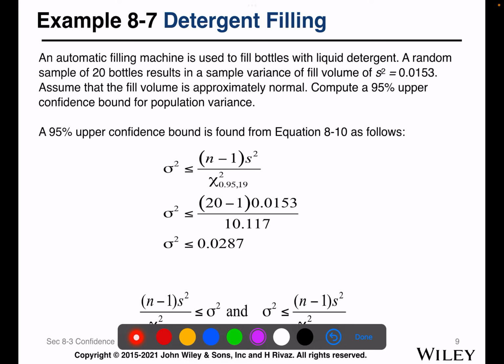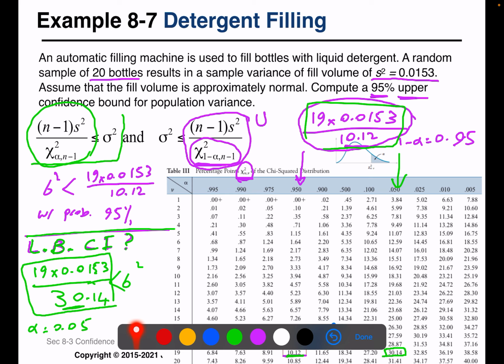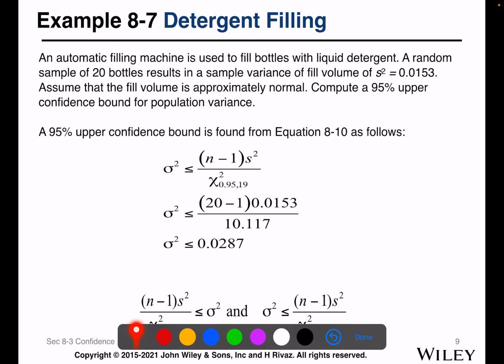So yeah, it's the same answer that we just provided, right? 19 times this guy divided by 10. So there is a 95% chance that your sigma squared is smaller than this guy.